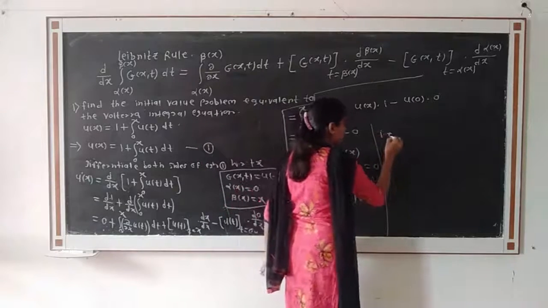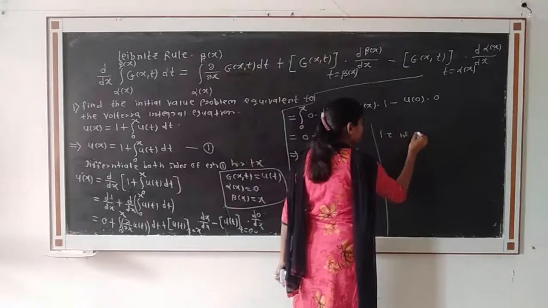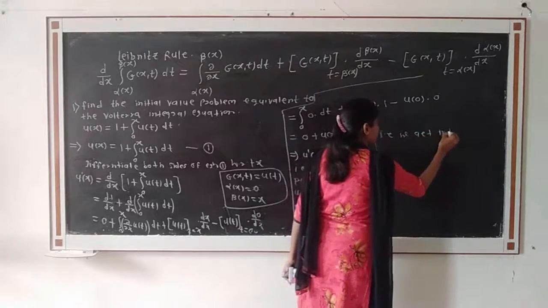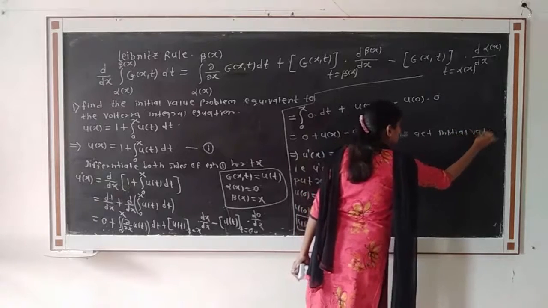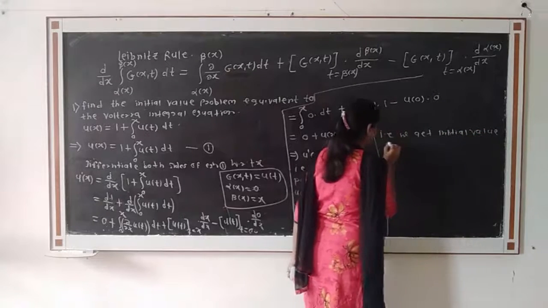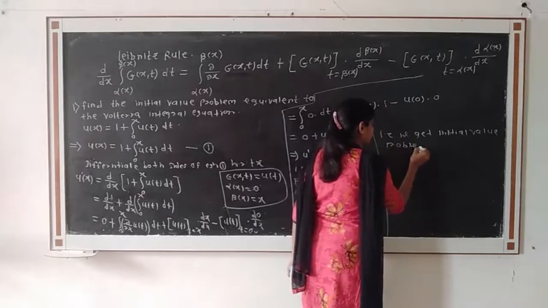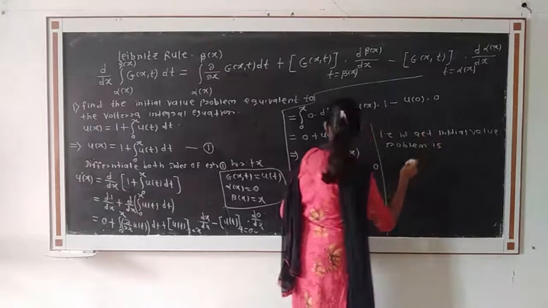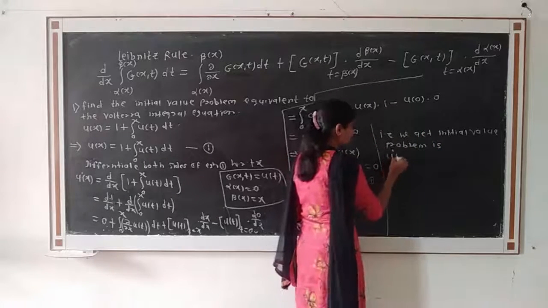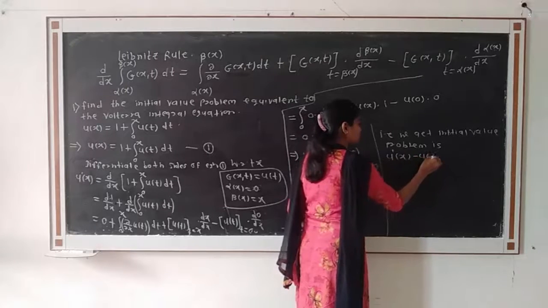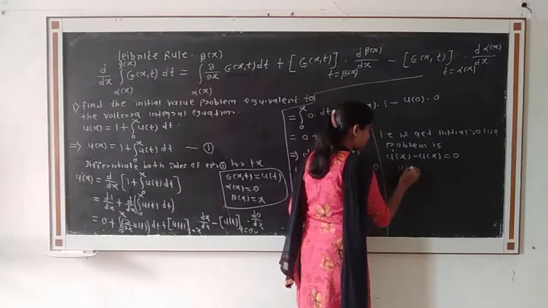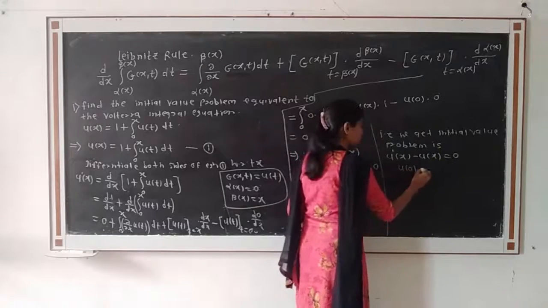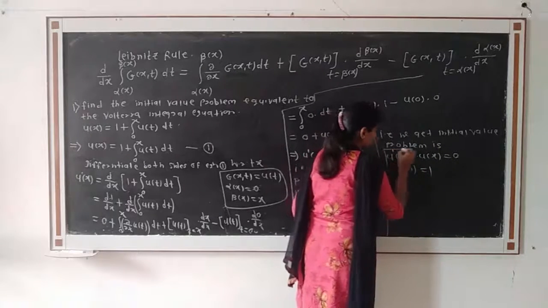That is, we get the initial value problem: u dash of x minus u of x is equal to 0 with initial condition u of 0 is equal to 1.